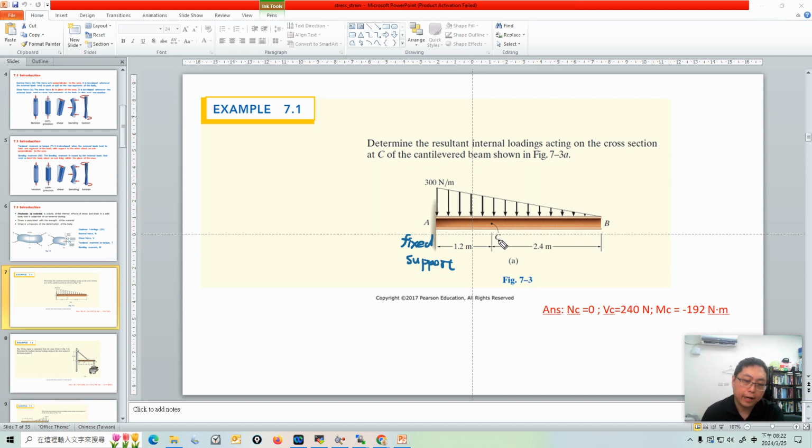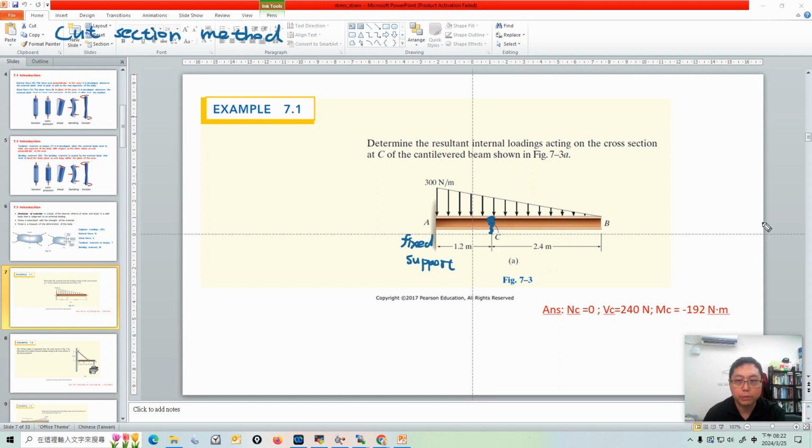We use the cut section method. Because we want to calculate the internal force at this point C, we cut the section here. But when you cut a section, it will create a problem.